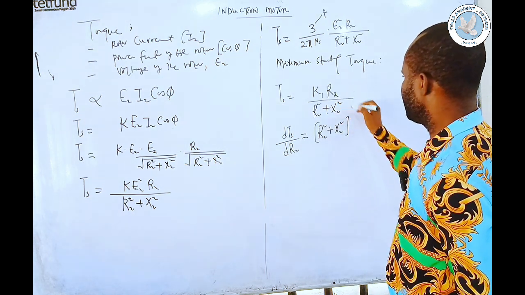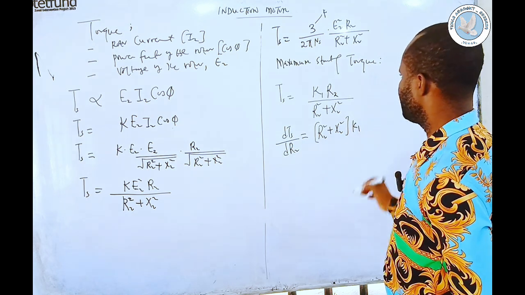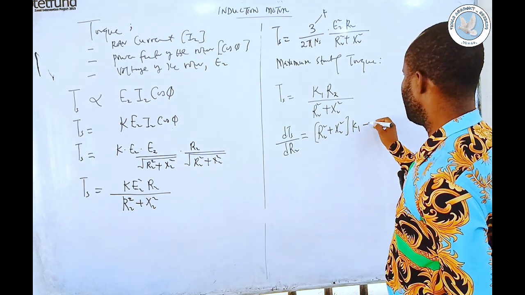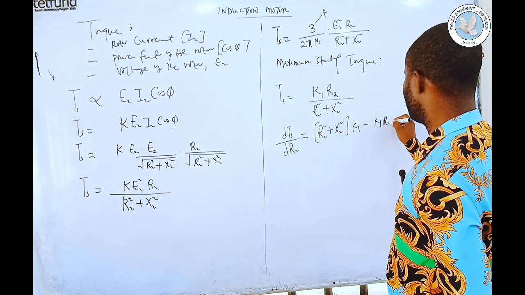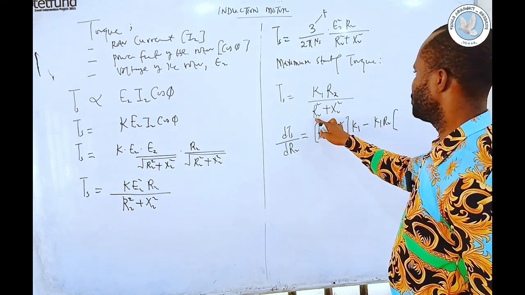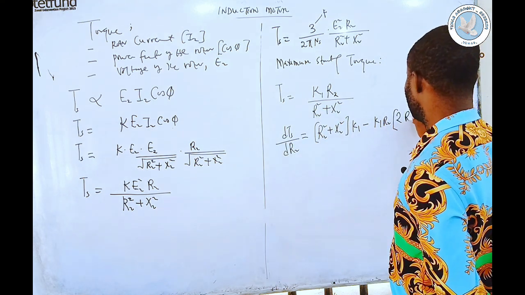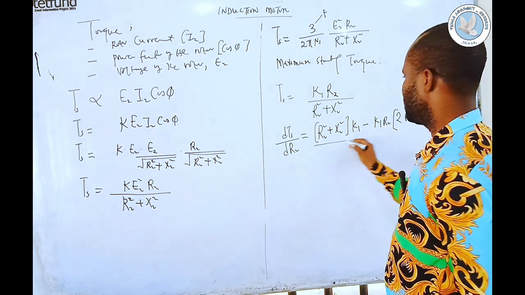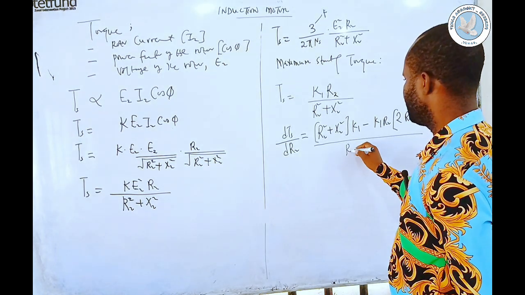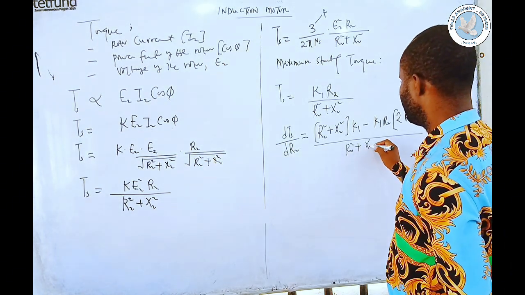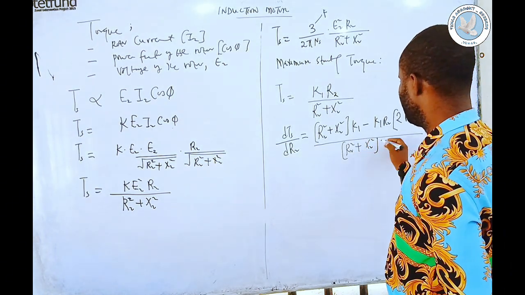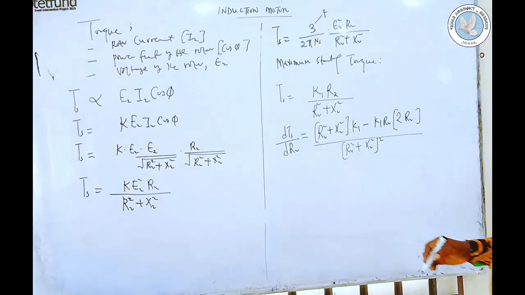multiplied with the division of this will give you K1 minus K1 R2 into 2 R this. All of this divided by this raised to power of 2.